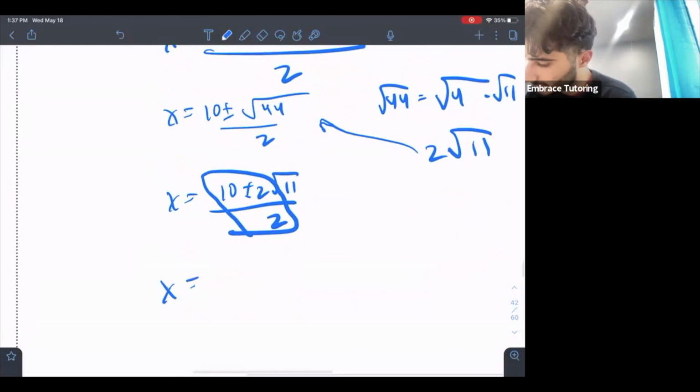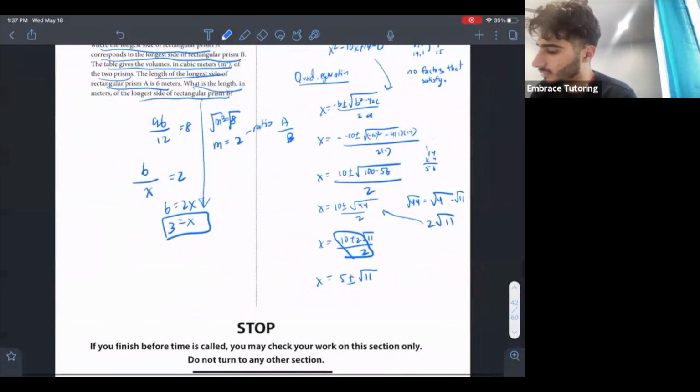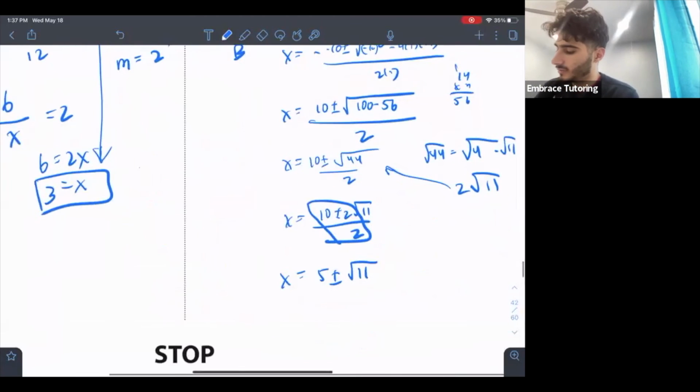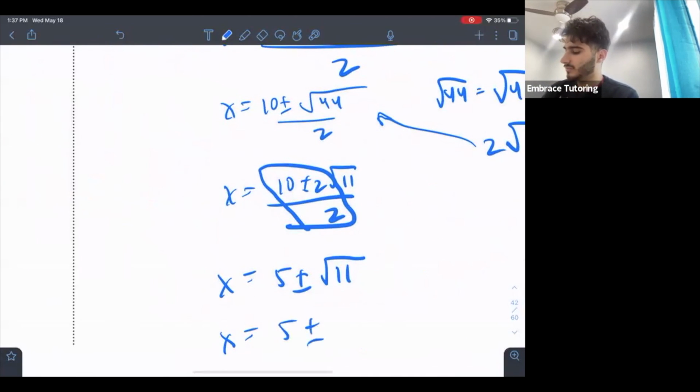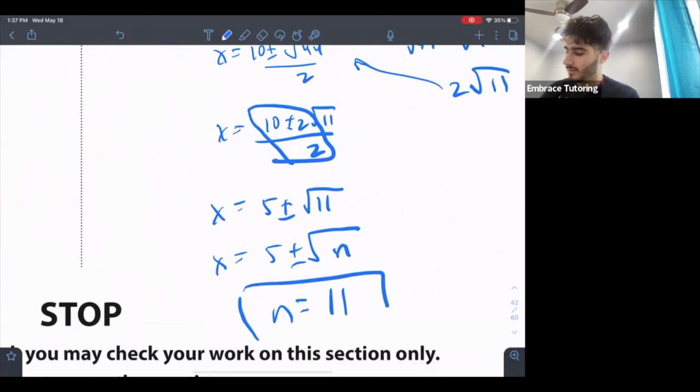And then you could have x is equal to 5 plus or minus radical 11. And that matches with what they have right here, which is x is equal to 5 plus or minus radical n. And so the value of n would be 11. And that's how you solve this equation right here.